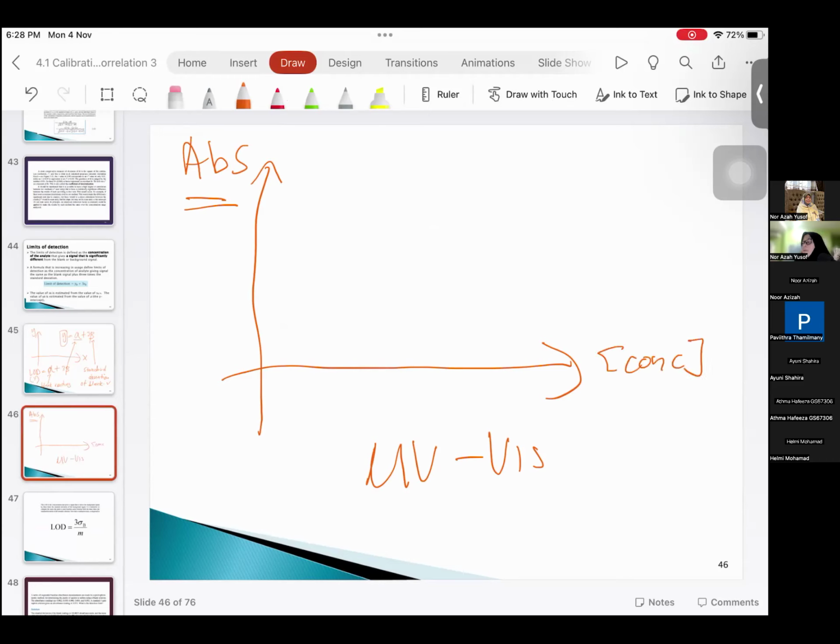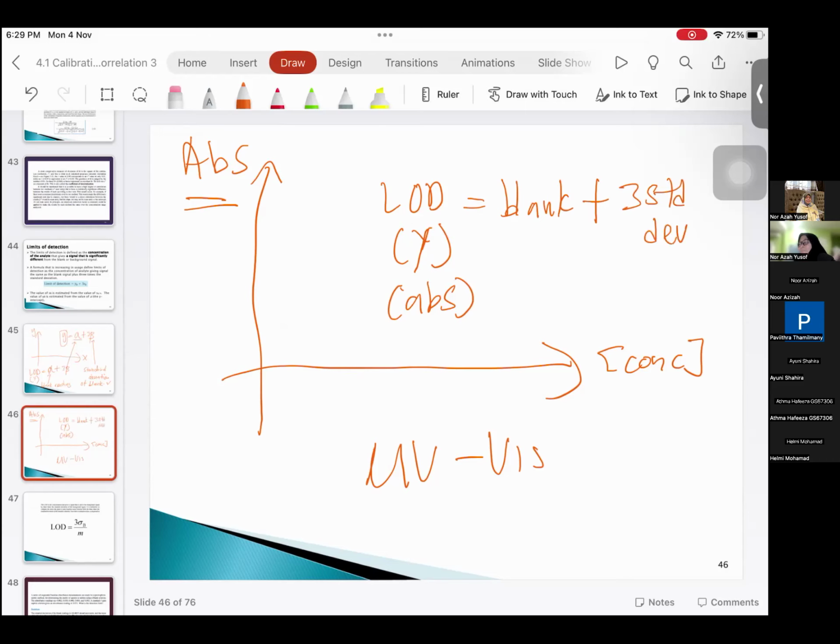When we're talking about LOD, we're talking about finding Y, which is the absorbance. So the blank reading, the absorbance of the blank, plus 3 standard deviations of the blank reading.